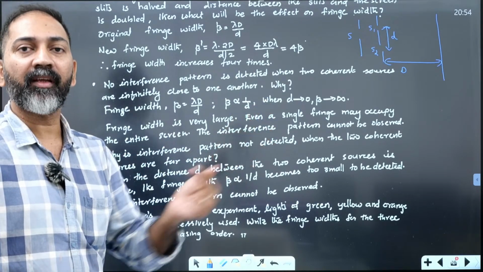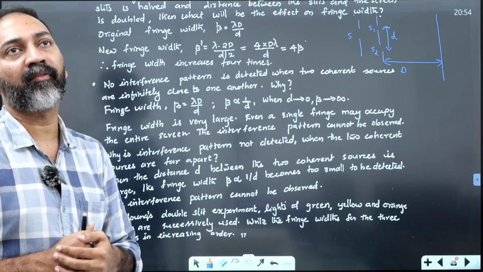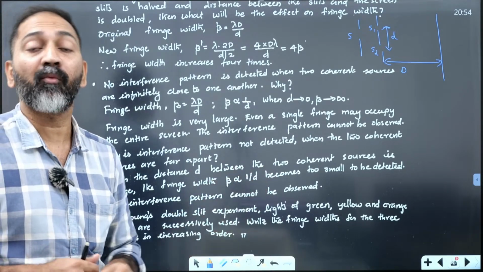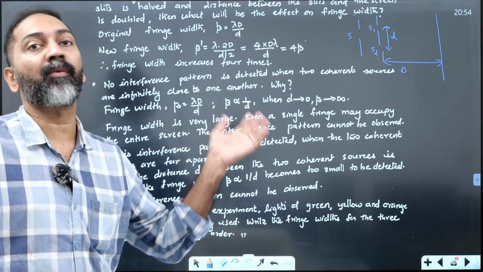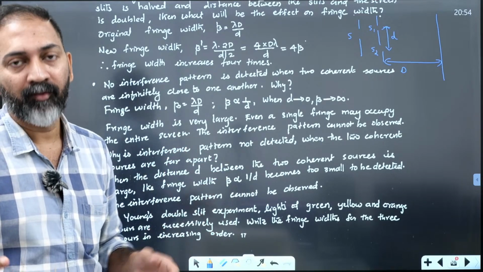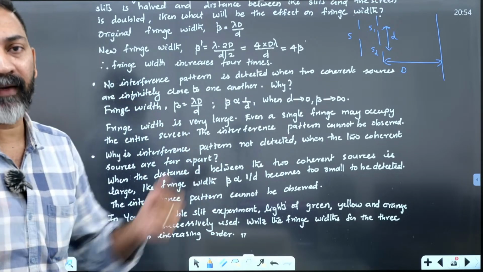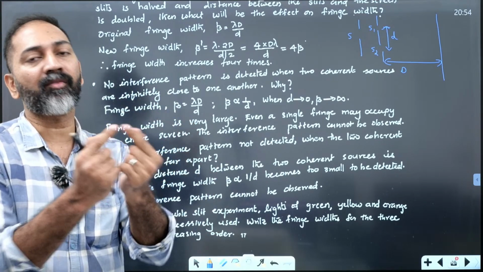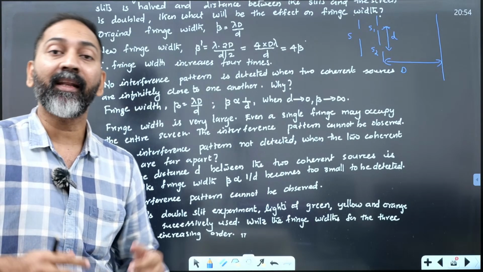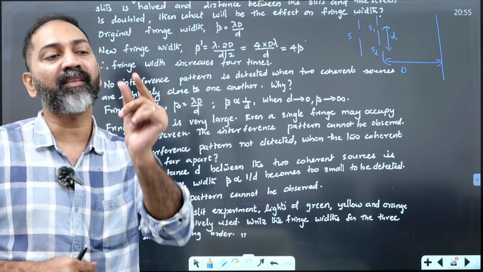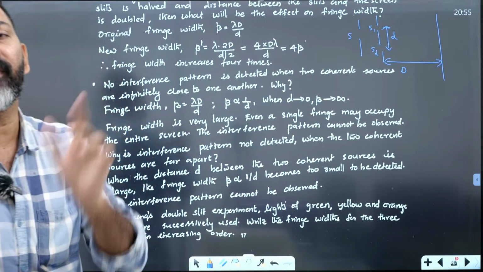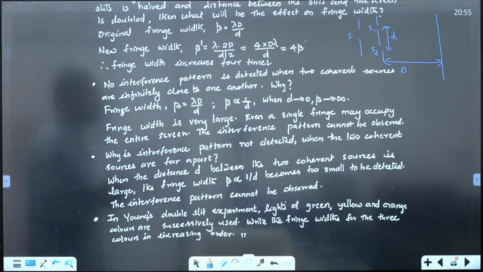If coherent sources are too close, the fringe width will be very large, and one fringe itself may occupy the entire screen. When they are far apart, the fringe width will be very small. Then also you cannot see interference.